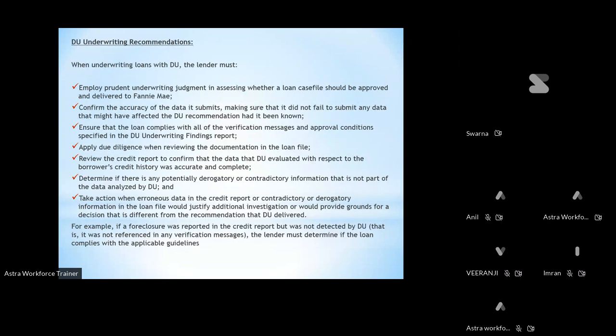Apply due diligence when receiving the documentation in the loan file. Review the credit report. Okay, what is due diligence? What does due diligence mean?